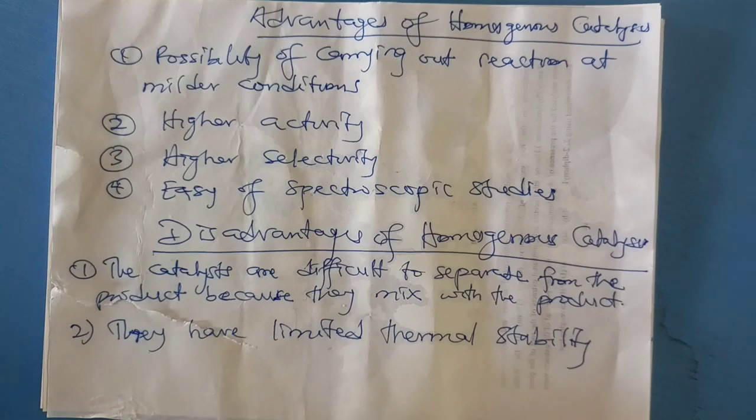Number two, since the catalyst is mixed with the reactants, that makes it have higher activity. Number three, it has higher selectivity, and you can study it with spectroscopic techniques. So it is easy for spectroscopic studies. Those are the advantages of homogeneous catalysis.